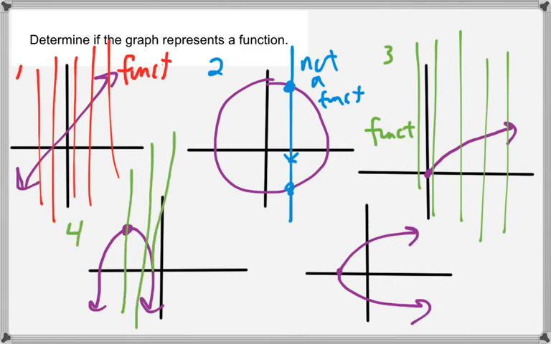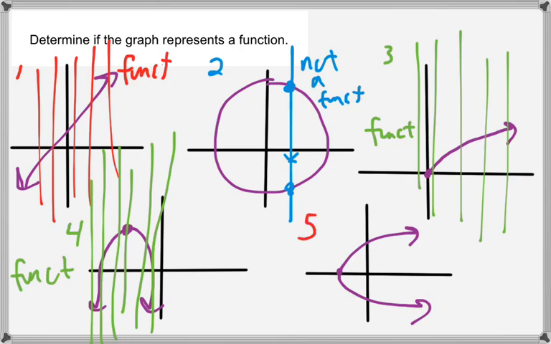Anywhere we draw a vertical line, it's only going to go through one point on the graph. So this one is a function. And the fifth one down here, we can find a vertical line that goes through more than one point. So this one is not a function.